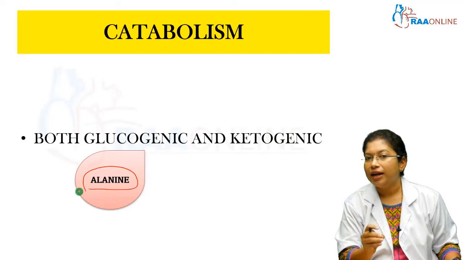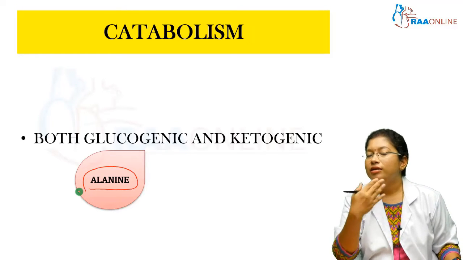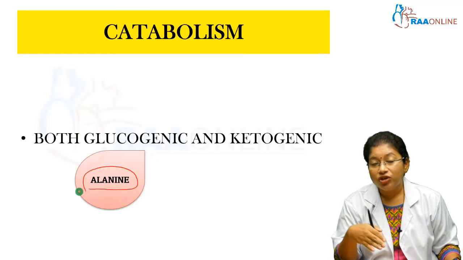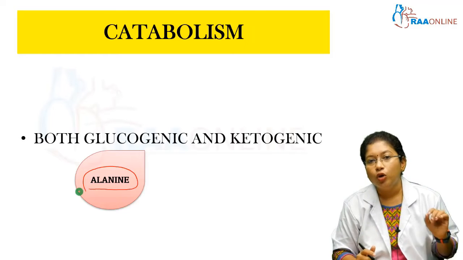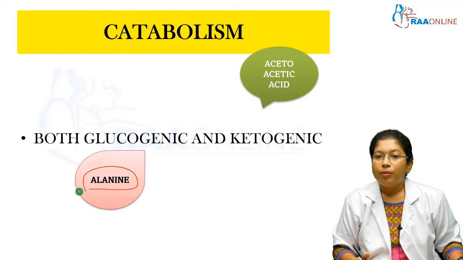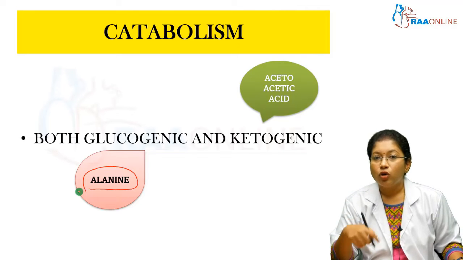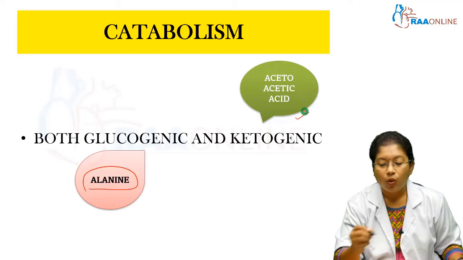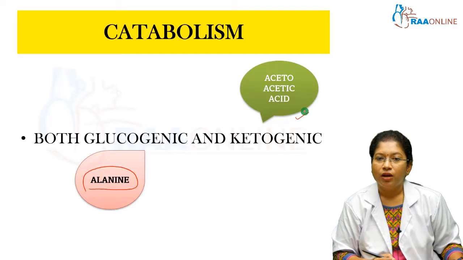Whenever we get alanine in our body, it enters the liver and can be converted to pyruvate, which then can enter the gluconeogenesis pathway. And moreover, it is also ketogenic. That means the end product will be acetoacetic acid.